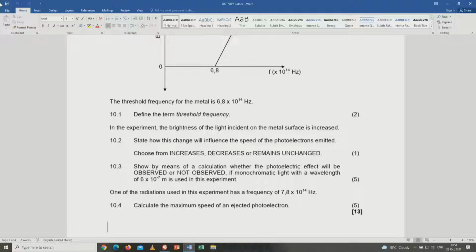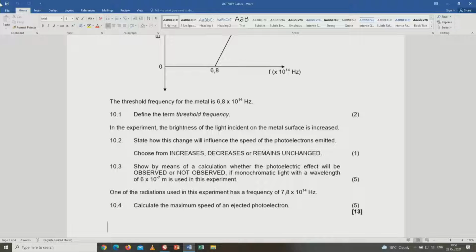In the experiment, we are told that the brightness of the light incident on the metal surface is increased. Okay, we dealt with this earlier: state how this change will influence the speed of the photoelectrons. We said that the brightness or the intensity does not affect the speed and the kinetic energy of the photoelectrons.